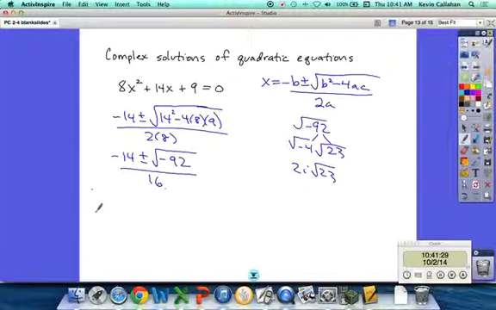When we take the square root of 4, we get a 2. When we take the square root of negative 1, we get i. So we're going to replace that. That's negative 14 plus or minus 2i times the square root of 23, all over 16.